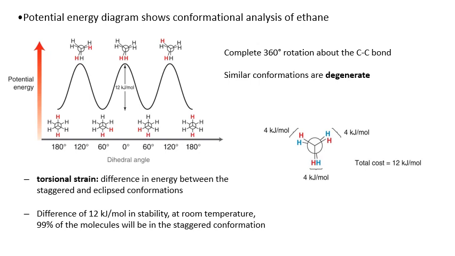Let's take a look at a potential energy diagram for ethane. Remember, we're talking about ethane. As we rotate through the molecule 360 degrees about the carbon-carbon bond, here's your ethane molecule.